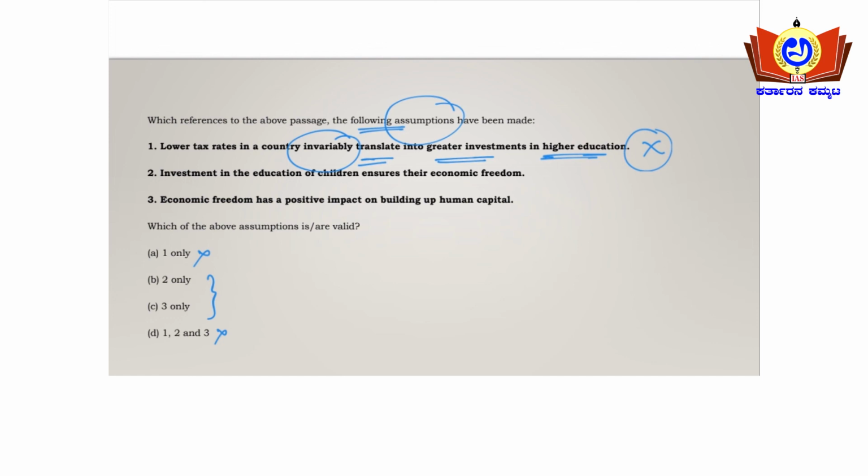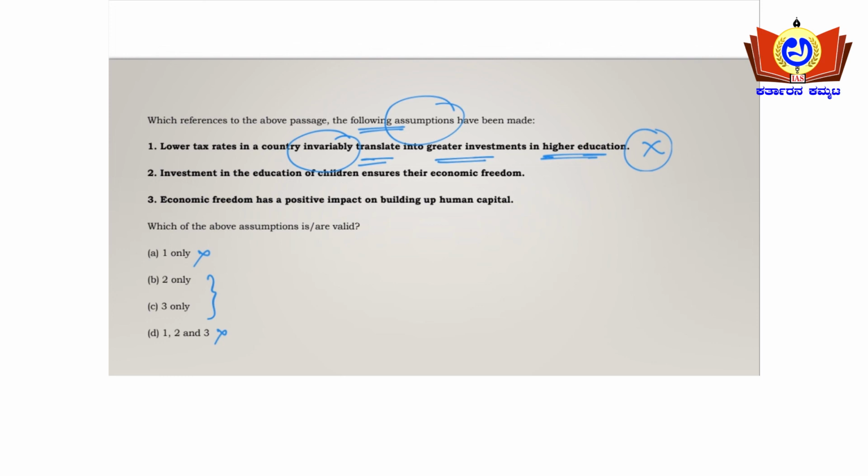Investment in the education of children ensures their economic freedom. The passage doesn't speak in this sense. We'll check the third statement: economic freedom has a positive impact on building up the human capital.